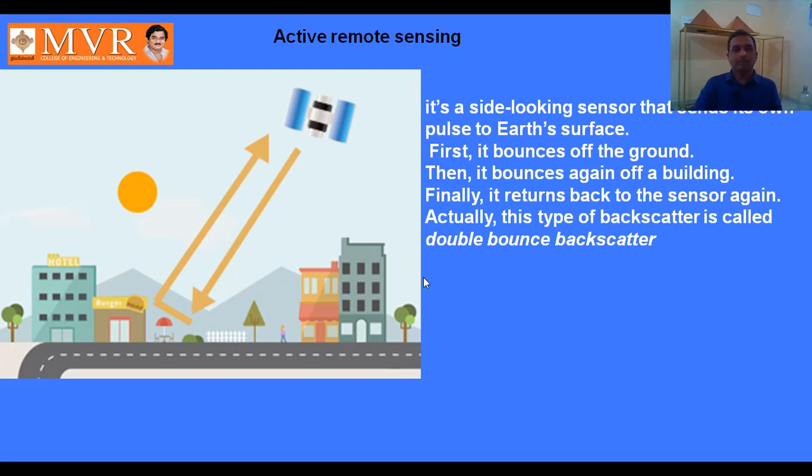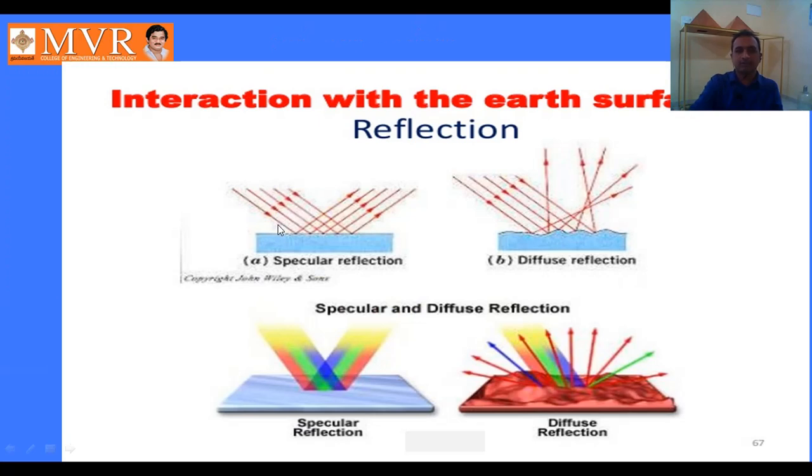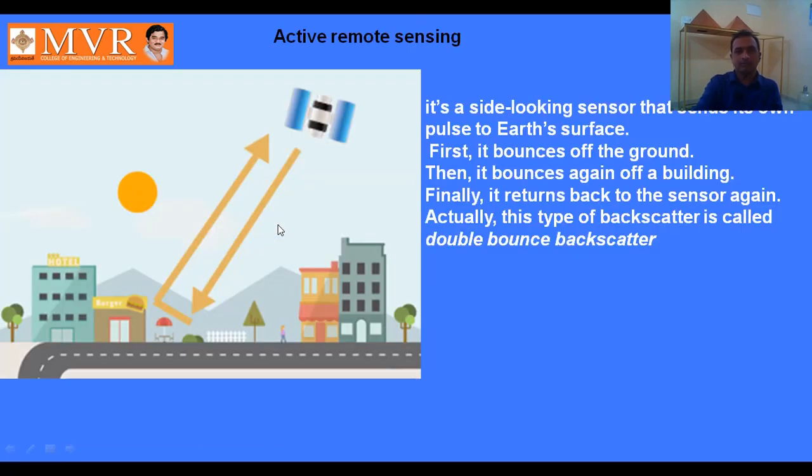The sensor sends the incident pulse on the earth surface, then it bounces to the building, and the backscattered radiation comes from the building. This is called double bounce scattering.